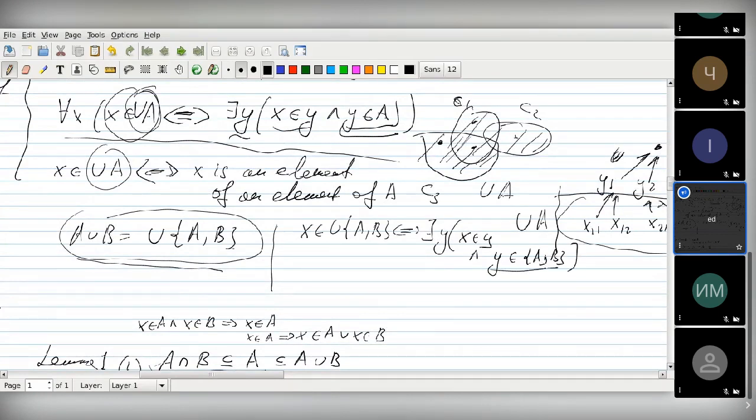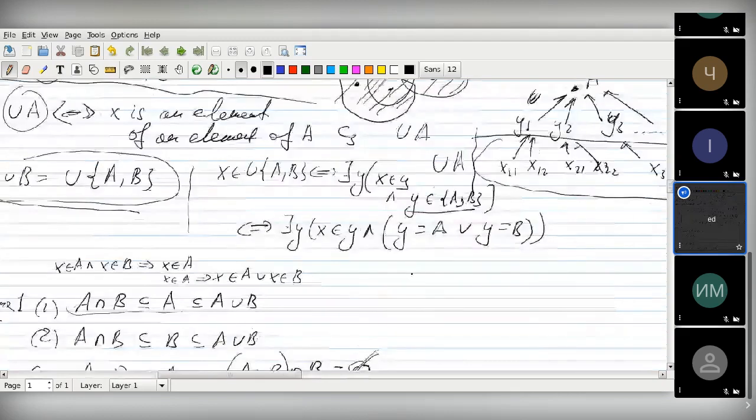But this set has exactly two elements. So that means that there exists Y such that X is an element of Y and Y either equals A or Y equals B. So we have two possibilities.